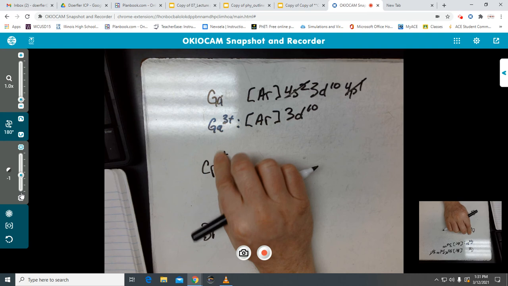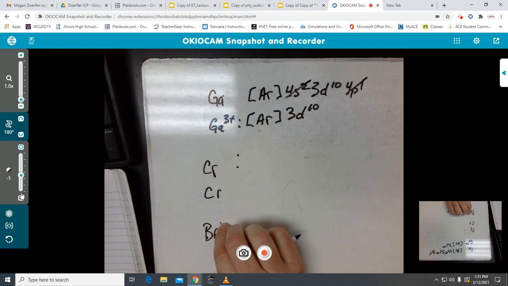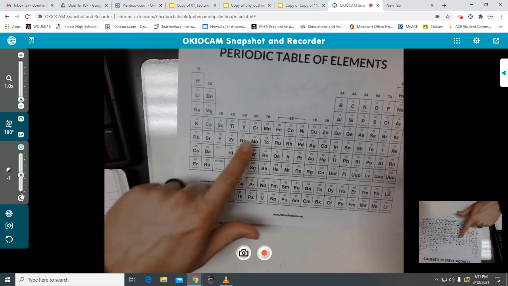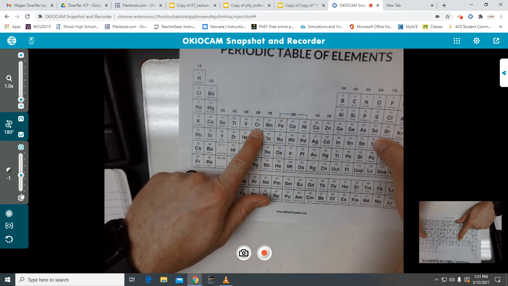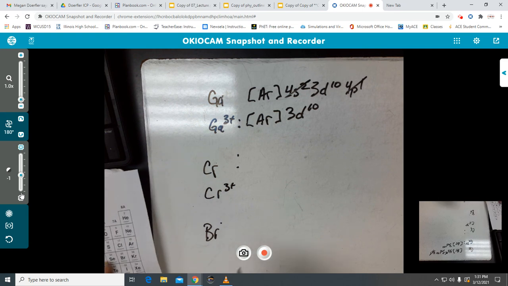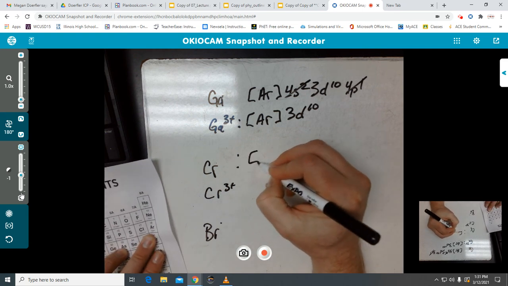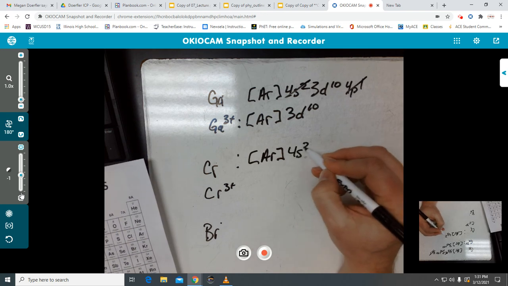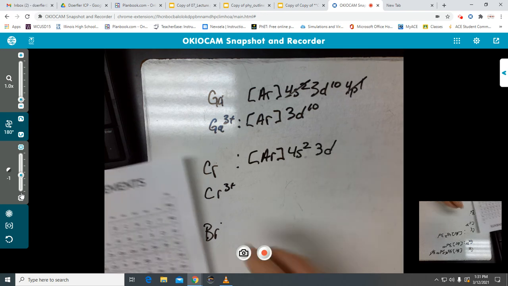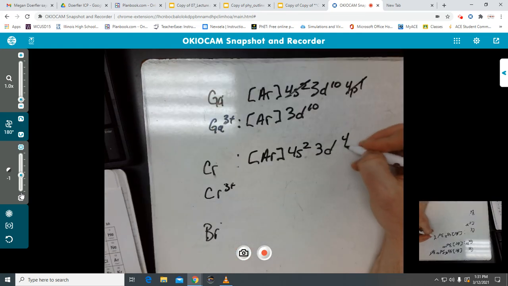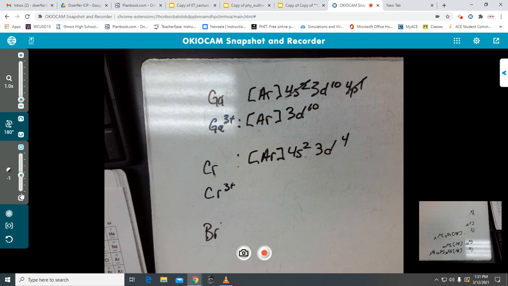Let's look at chromium. Okay? Chromium's initial configuration, it's right here: argon, 4s2, 3d, and count here, 1, 2, 3, 4, so 4s2 3d4.